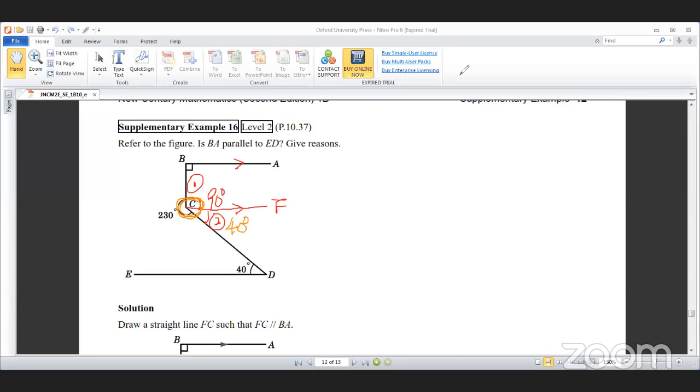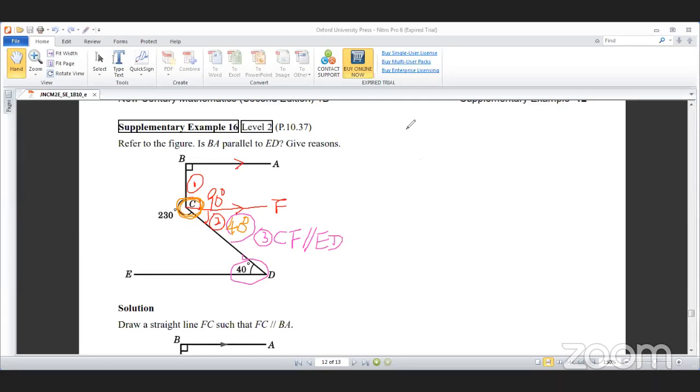And then the third step, after finding this angle and this angle, this is 40 degrees, which equals angle CDE. Based on these two angles, we can know that CF, or FC, is parallel to ED.